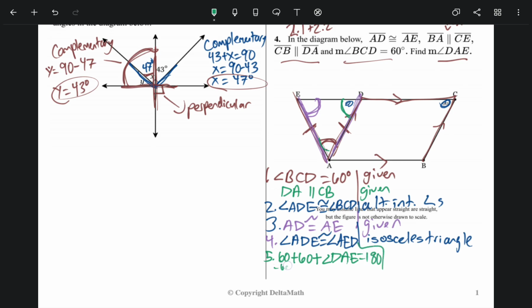So if we were to subtract 60, oh my gosh, these are 120, so we're going to subtract 120 from both sides. So we know angle DAE also equals 60 degrees. We know all of this because of the angle sum theorem.